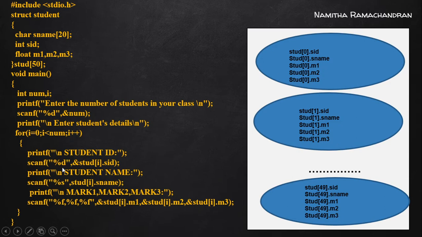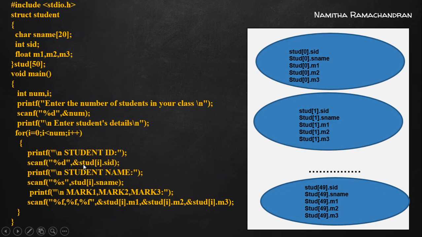For the first student, we can initialize the ID, the name and 3 different marks.